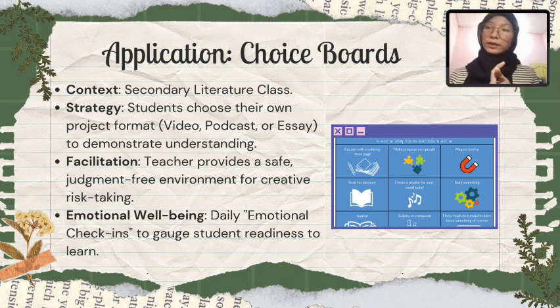Option A is to perform a short role play drama based on the short story. Option B is to record a 2-minute podcast analyzing the main characters. And the third option, option C, is to create a visual poster.